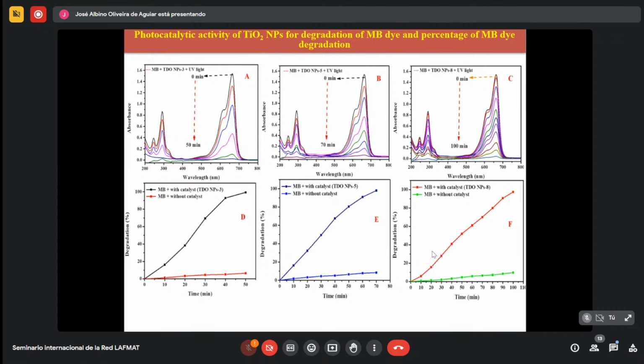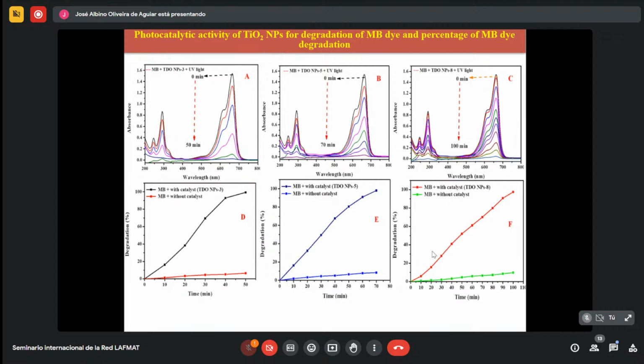But in the case of the third titanium dioxide sample, it shows a somewhat slow rate, because the nanomaterial is strongly influenced by the size and surface of the material, and that strongly influences the dye molecule.